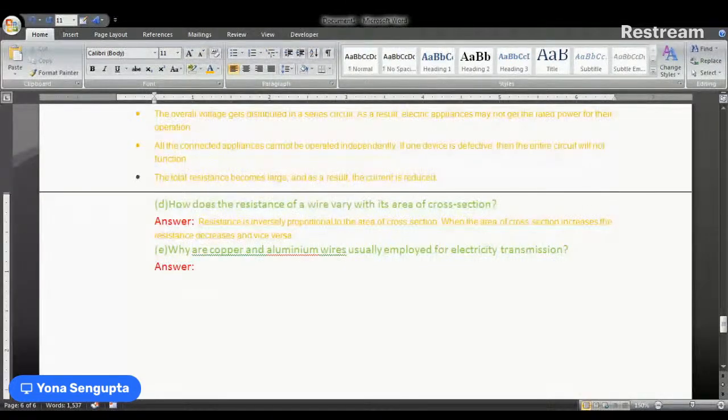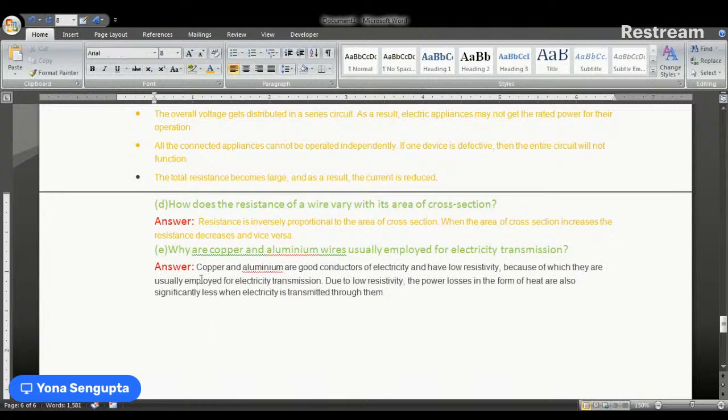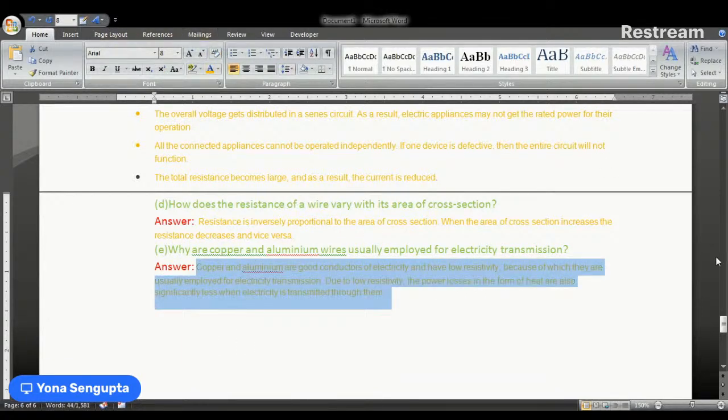Due to low resistivity, the power loss in the form of heat is also significantly less when electricity is transmitted through them. So, this is the answer for number E.